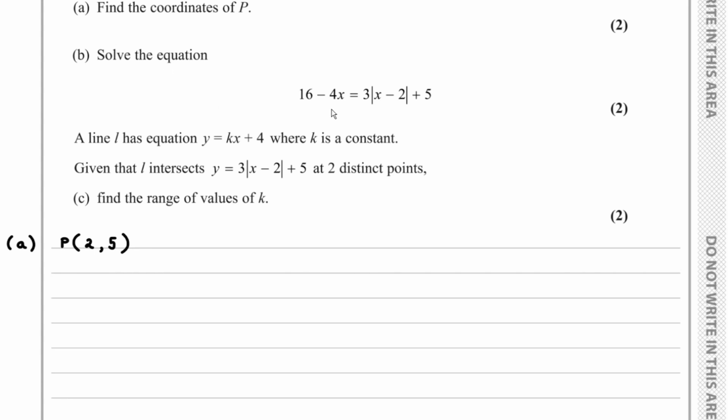Part B. Solve the equation 16 subtract 4x equals 3 times the mod of x subtract 2 plus 5. So, we have the equation shown here.